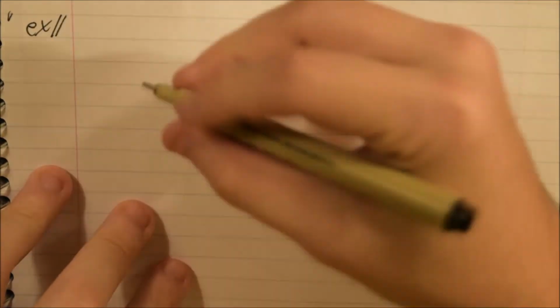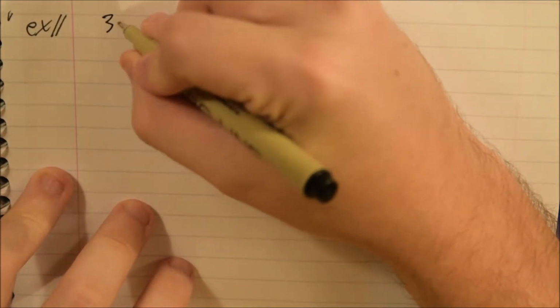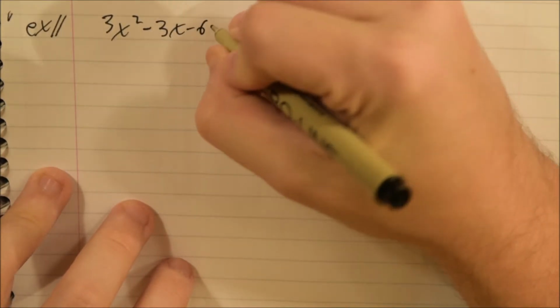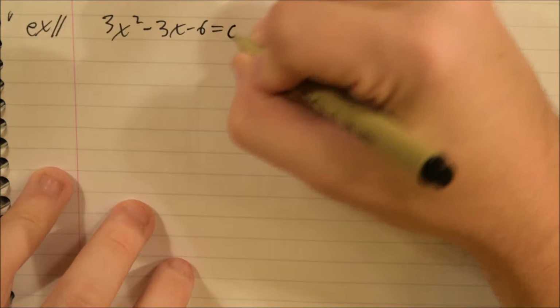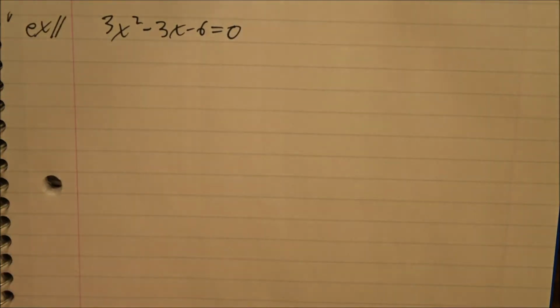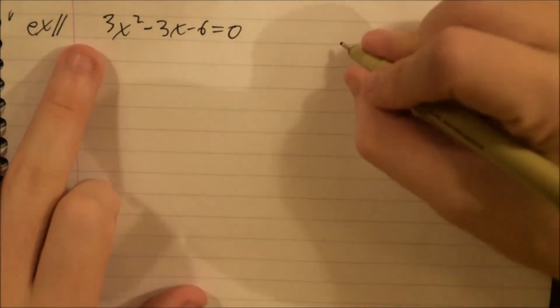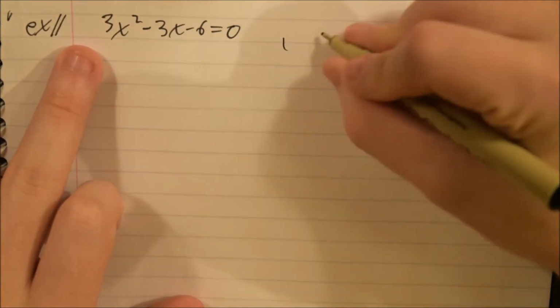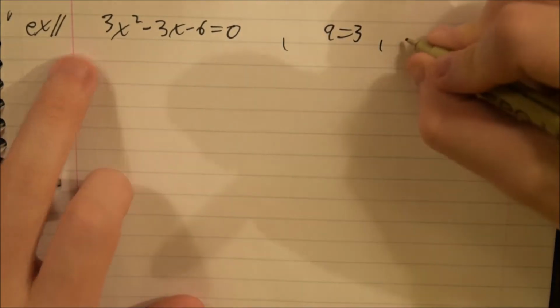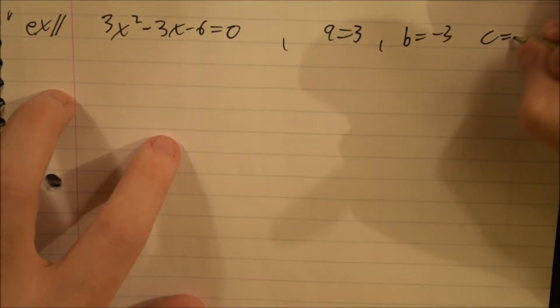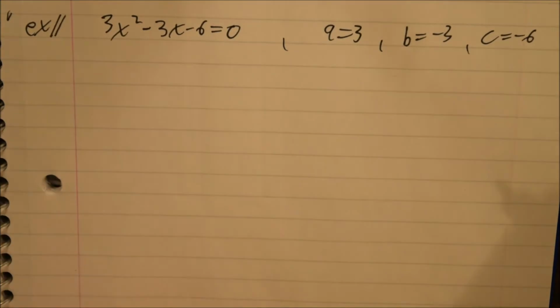Now we're going to look at an example and determine what kind of solutions this equation has. We're going to look at 3x squared minus 3x minus 6 equal to 0. I want to identify my a, my b, and my c. In this equation, a is 3, b is negative 3, and c is negative 6.